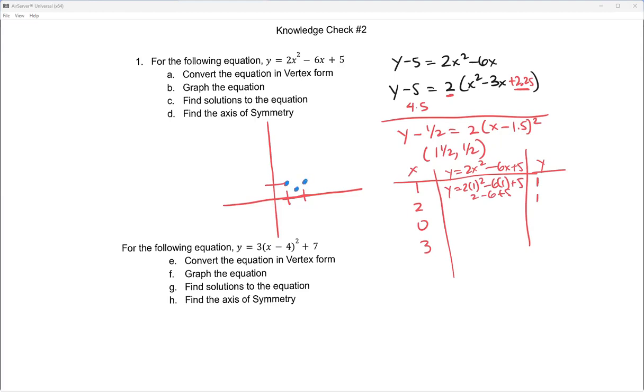And you plug in 0, because if you plug in 2, remember, you'll have a y value of 1. Plug in 0, it's going to equal 5, right? Because this is 0, this is 0, so that's 5. So 3 will also have a y value of 5. So 0, 5, then 1, 2, 3, 4, 5, and then right here. And this is your parabola here.